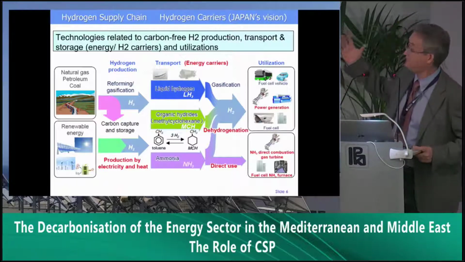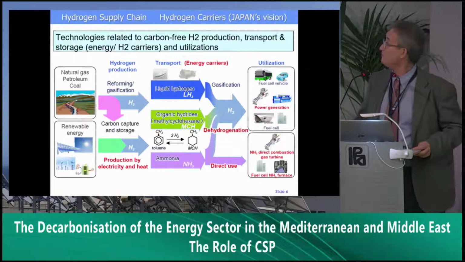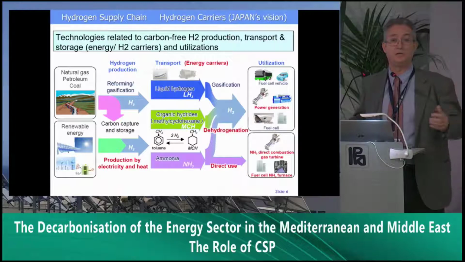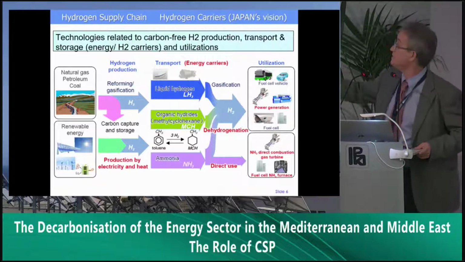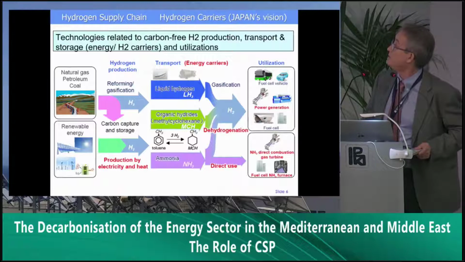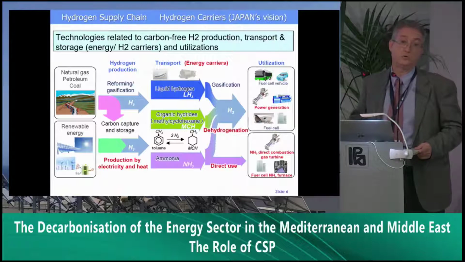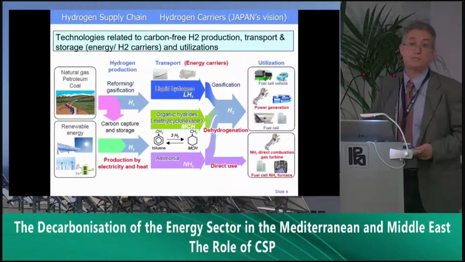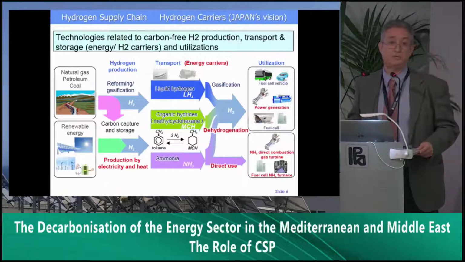And this is the typical Japanese diagram, very complicated, with many pathways and a lot of colors, but in general it explains this kind of decarbonization with solar fuels or with clean fuels, where you have both pathways: the decarbonization of some conventional fuels, or in some cases the use of heat or solar electricity to produce clean hydrogen, and in some cases where you have to involve long-range transportation.